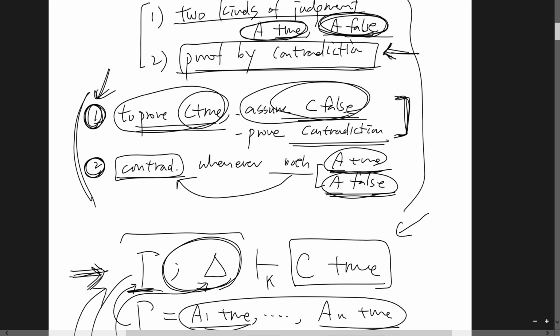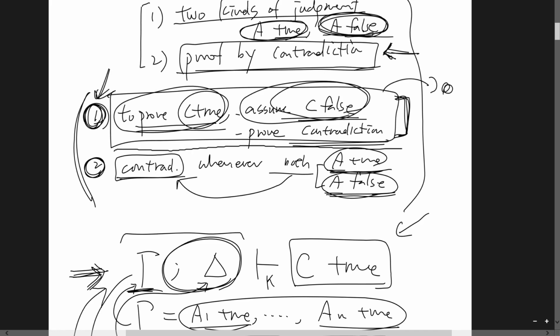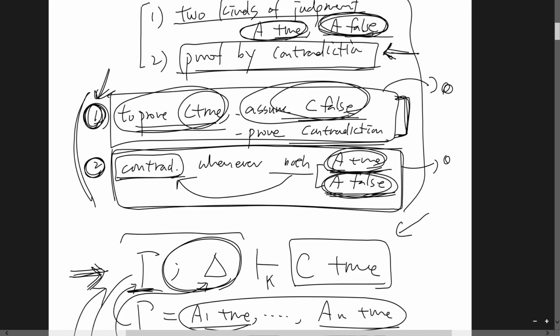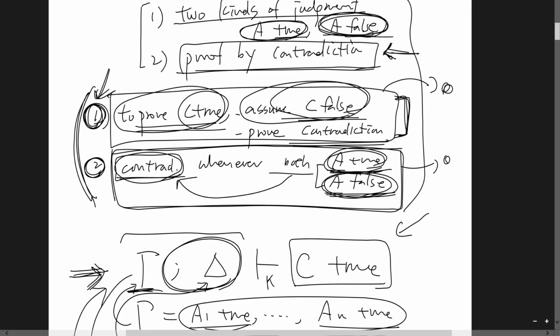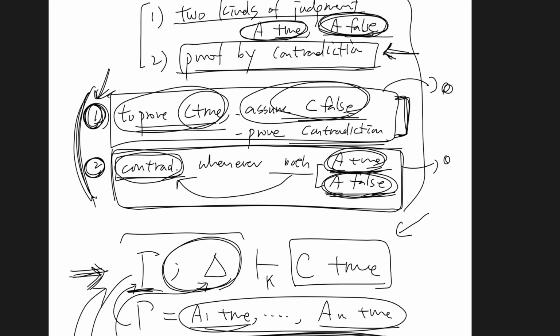In other words, we have to translate this idea into a new inference rule, and we also have to translate this idea into another inference rule. The second idea is basically whenever you have both A true and A false, you can generate a contradiction. So let's try to translate these two statements into their corresponding inference rules.